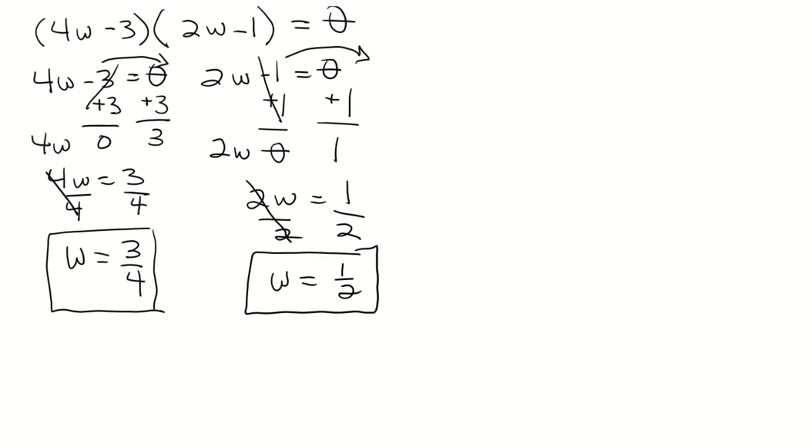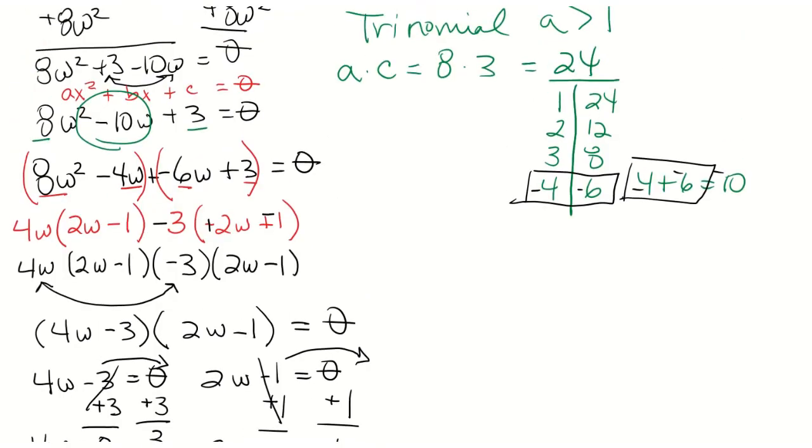And then, as always, now that I have my 2 solutions, I'm going to go back and double check that those truly are correct answers. So I'm going to start with my original equation, 8w squared minus 10w plus 3 equals 0.